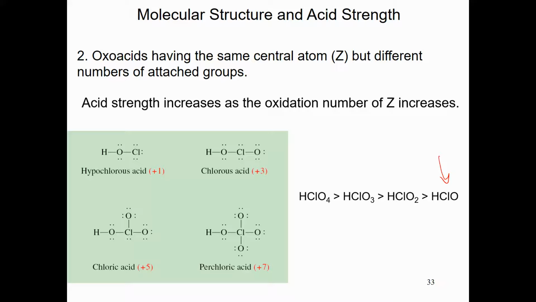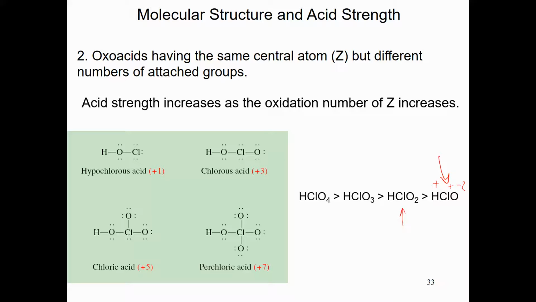What is the oxidation number of an oxygen? -2. What is the oxidation number of a hydrogen? +1. So this has to be +1 because it has to balance the -2. And what's the oxidation number of this chlorine right here?